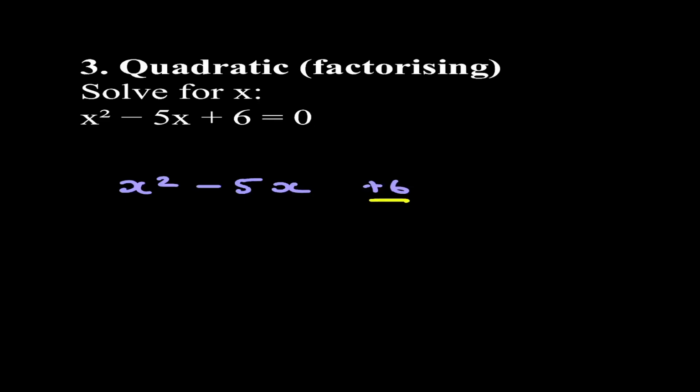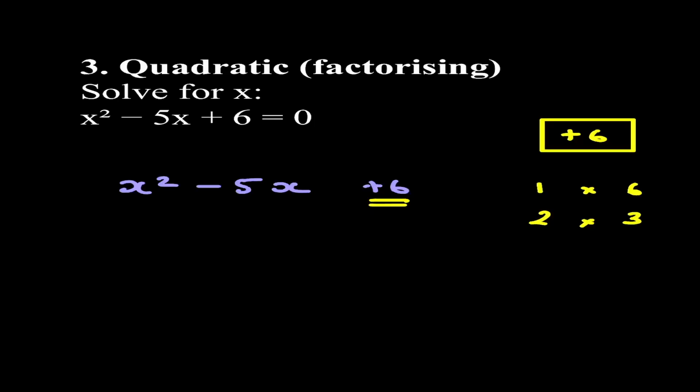We need to think of the multiples of 6. And it should be the multiples of positive 6, but we're going to look at the positive in a second. So we could have 1 times 6 or 2 times 3. They're the only multiples of 6.